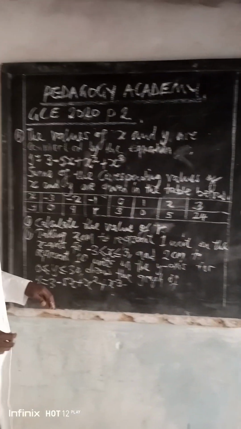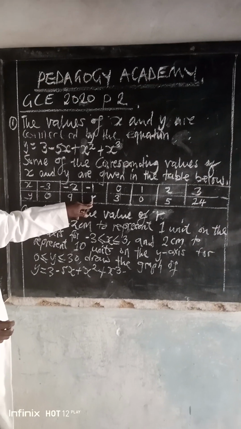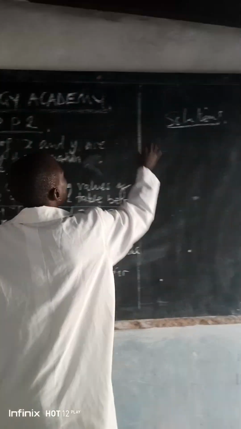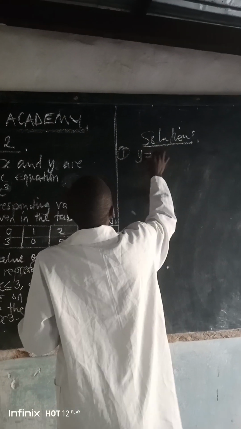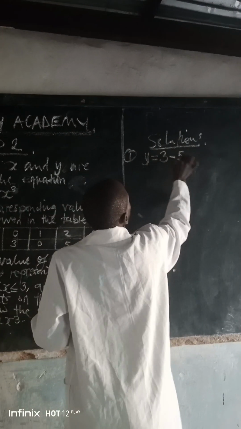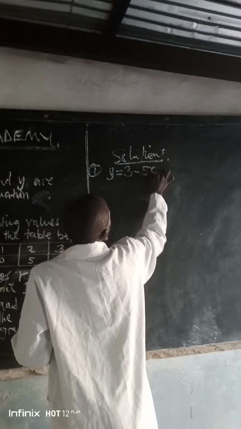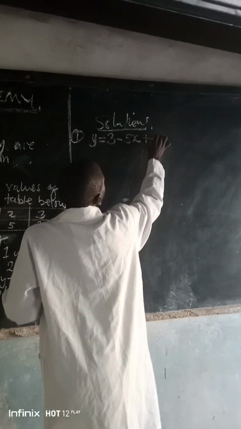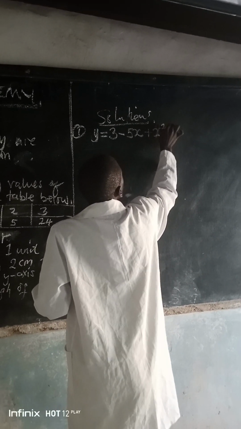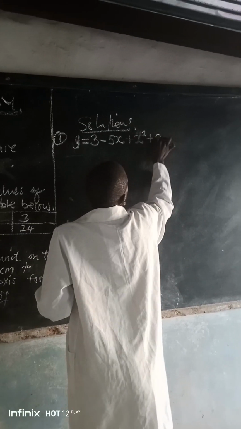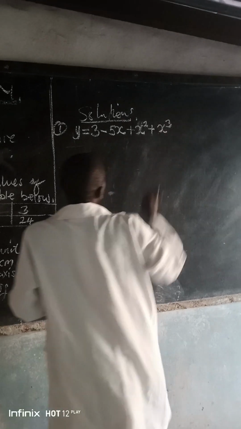So how are we going to solve R? We have the equation y equals 3 minus 5x plus x to the power 2 plus x cubed.